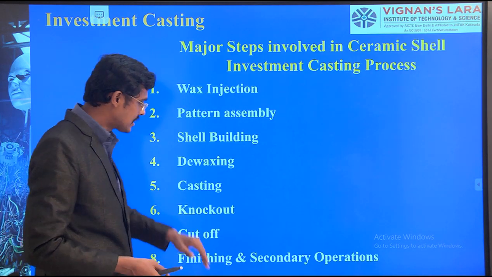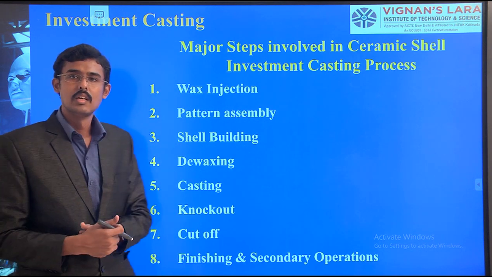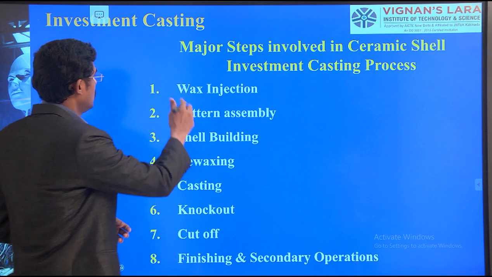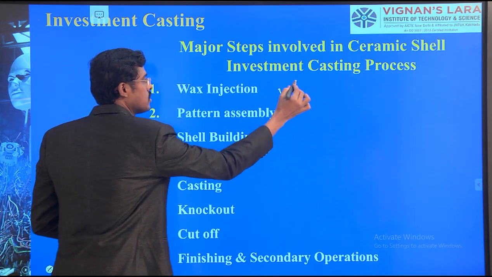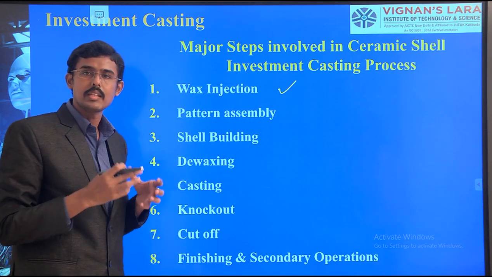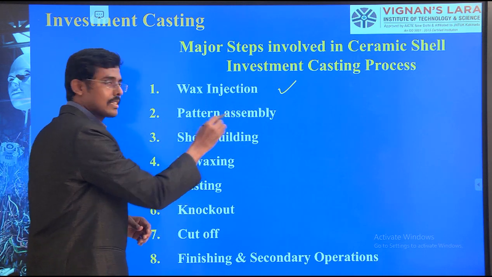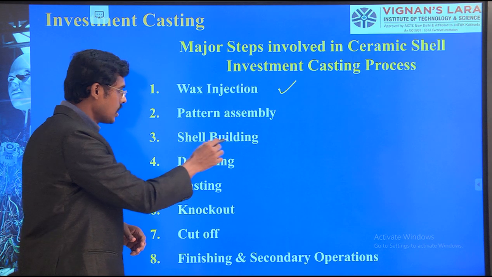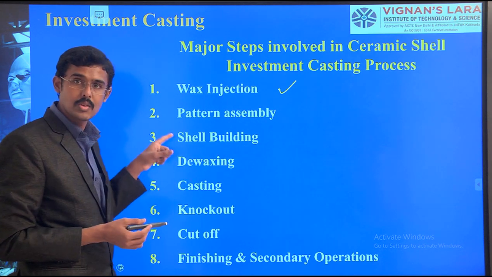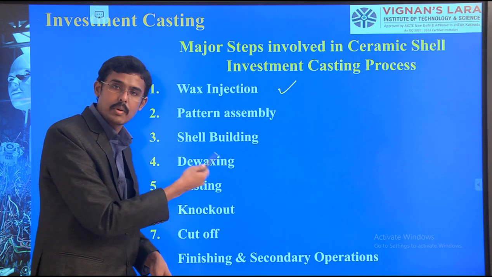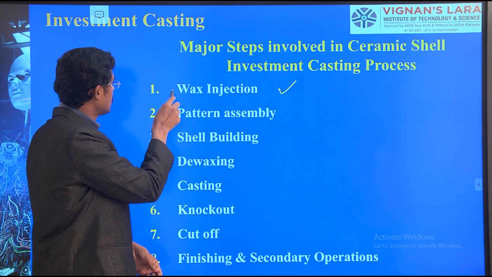The major steps involved in the ceramic shell investment casting process are wax injection, as usual, where we prepare the cavity using wax, then pattern assembly, then shell building using ceramic. After preparation, we have dewaxing, which is interconnected here.